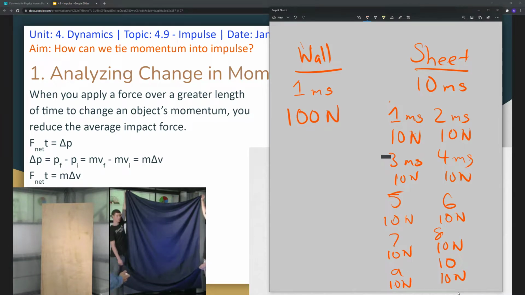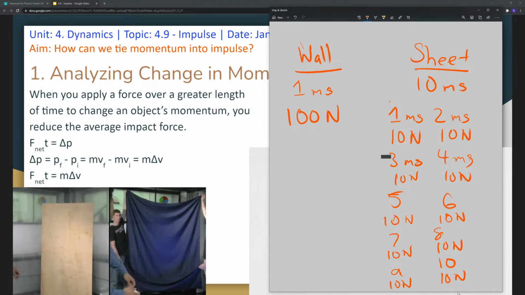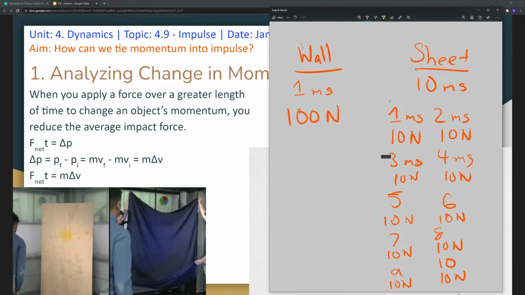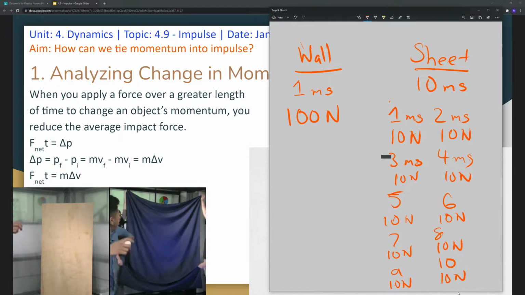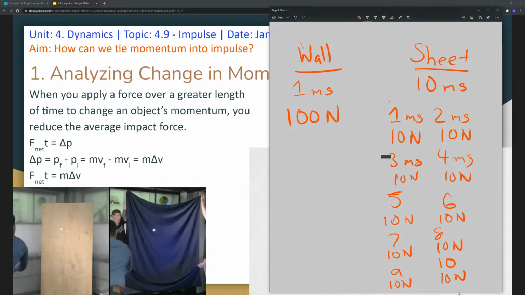So if you have 10 milliseconds to apply a force of 10 newtons each millisecond, all of these add up to 100, right? If you're applying a 10 newton force each millisecond, then that adds up to 100 newtons.